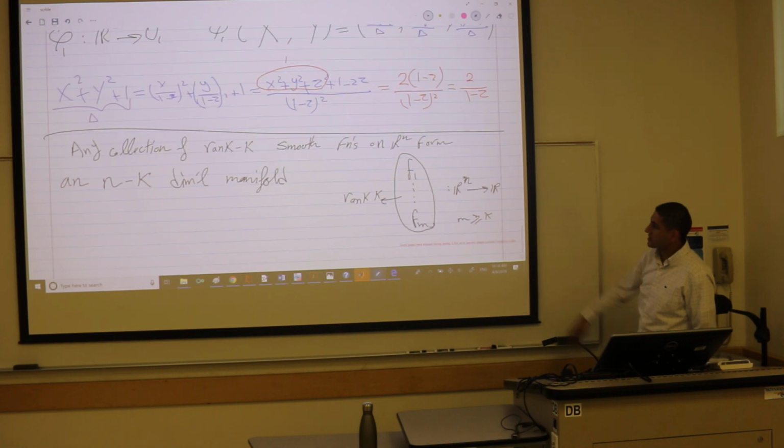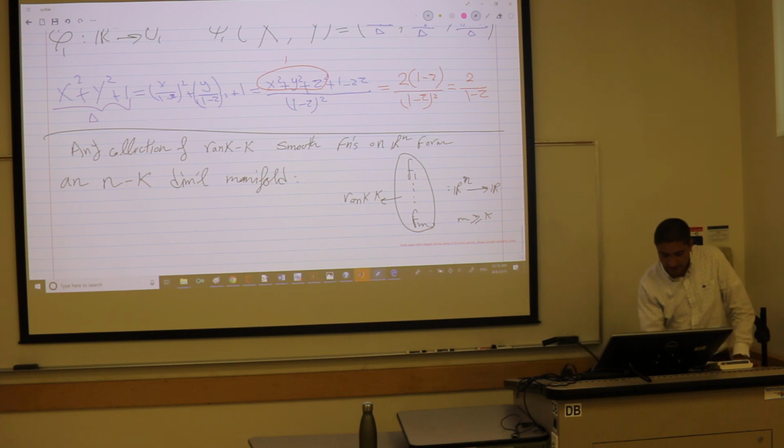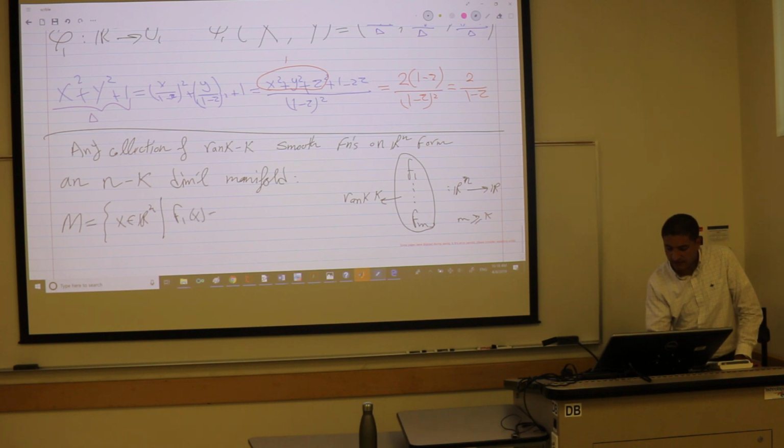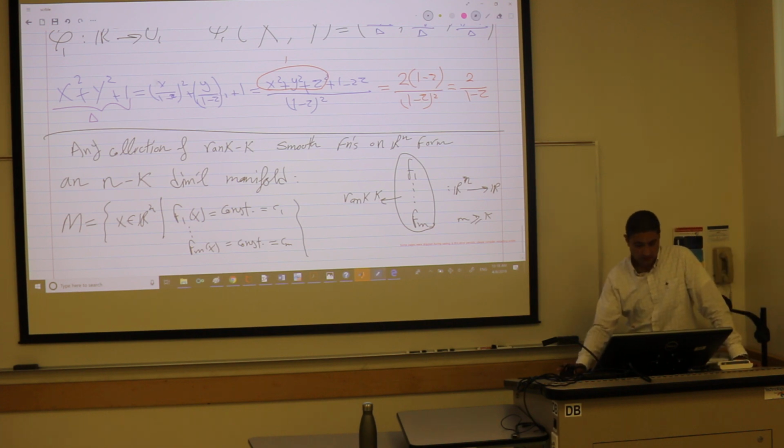So these guys will define an n minus k dimensional manifold in the following way. M will be every x in Rn such that f1 of x is constant, say C1, up to fm of x is constant, say Cm. So this is a manifold.